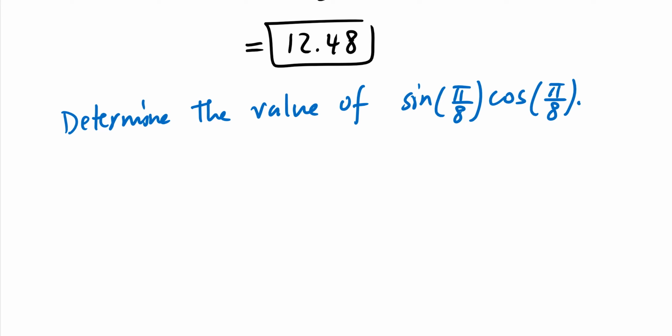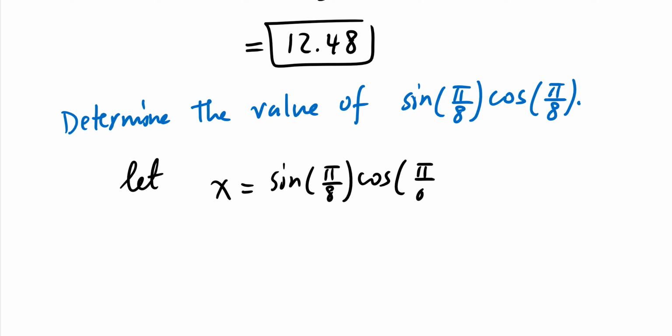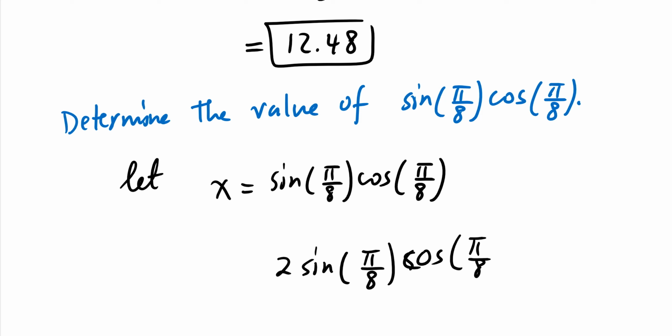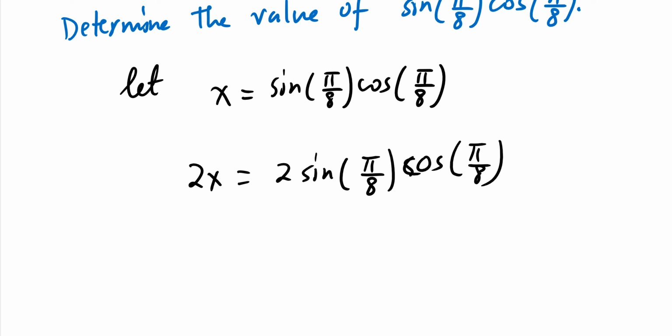So the easiest way to do this is to let x equal this given piece of information. I need to find the value of x. Because the 2 is missing, and this looks like 2 sine alpha cosine alpha, let's multiply each side by 2.